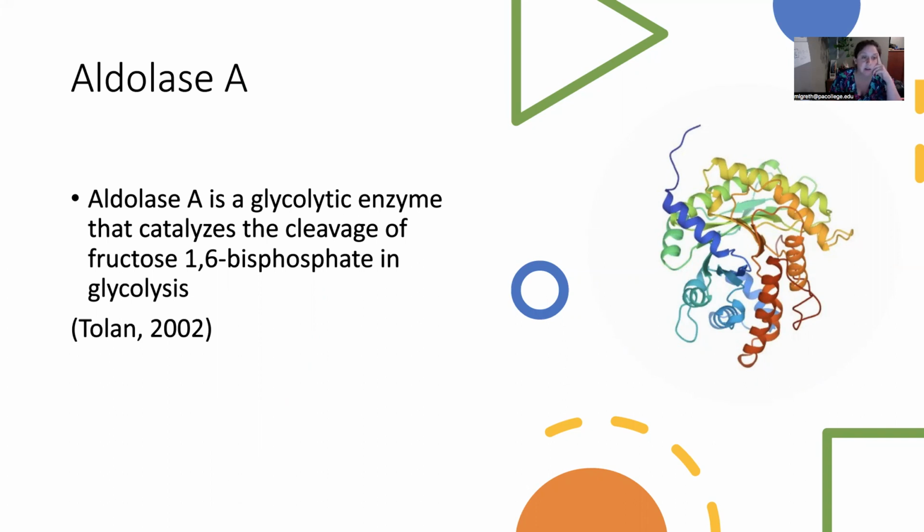This means that this one is much more likely to catalyze that reaction, which is why it's found in muscle tissue. It's very much in glycolysis. It's breaking down that glucose to be used for energy. You need that high turnover rate to be able to keep up with the demands of the muscles.